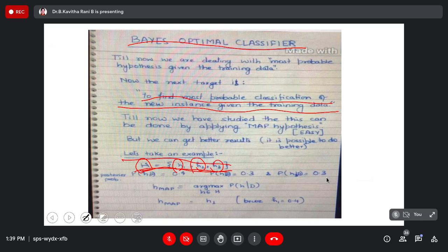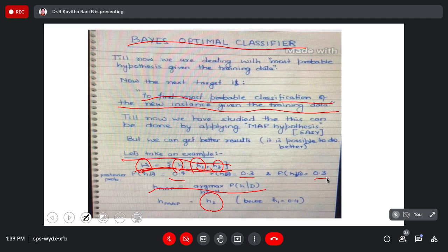The probability of the first hypothesis is 0.4, the second is 0.3, and the third is 0.3. Now we are using the MAP concept, that is maximum a posteriori hypothesis. So among the hypotheses, we consider the maximum one. The maximum belongs to H1, which is 0.4. So we will consider the H1 hypothesis here.